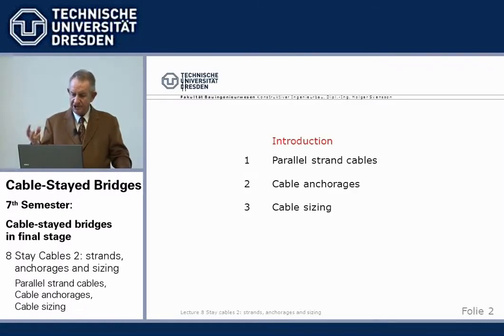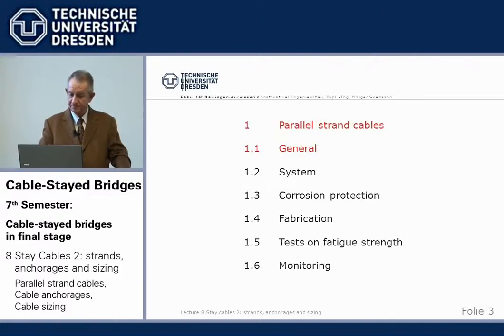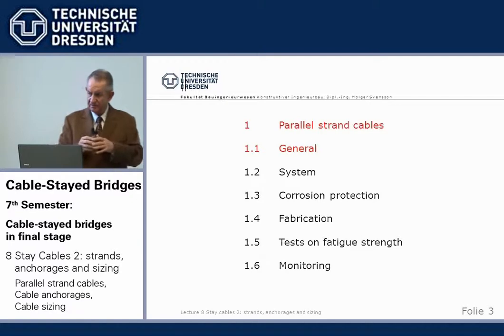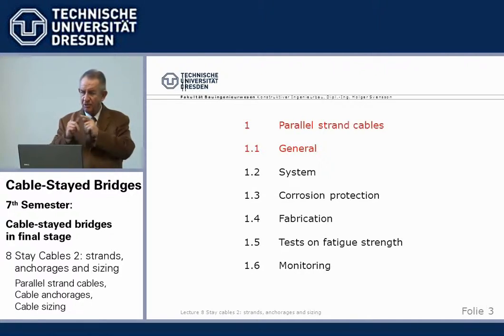Now, I showed you important today are locked coil rope, parallel wire, and now parallel strand cables. The basic idea from the parallel wire cables, having those tension members in parallel and not losing through the twist strength and stiffness, is also true for the strand cables, and they were the later development because people said, oh, that's a good idea to have it parallel, not twisted.